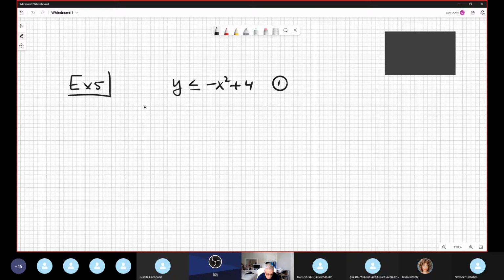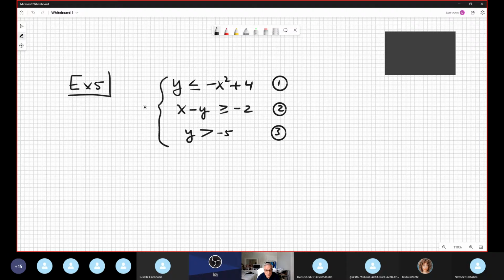And my second is x minus y greater than or equal to minus 2. It's linear. Okay. And we have another case, y greater than negative 5. Wow, 3 inequalities. Well, 2 and 3 are linear, but the first, no, it's non-linear.